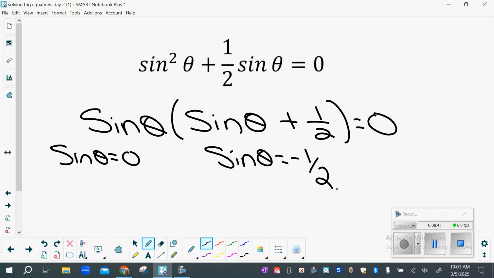So no unit circle. When is sine 0? 180? That's close. Yeah, sine goes second. 0, 180, 330.